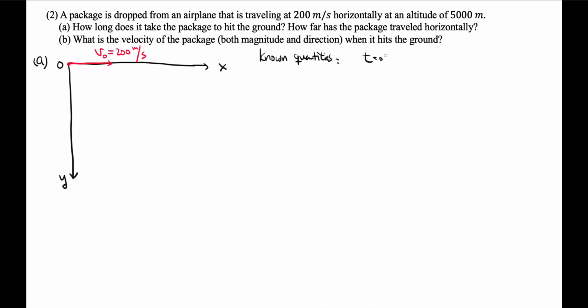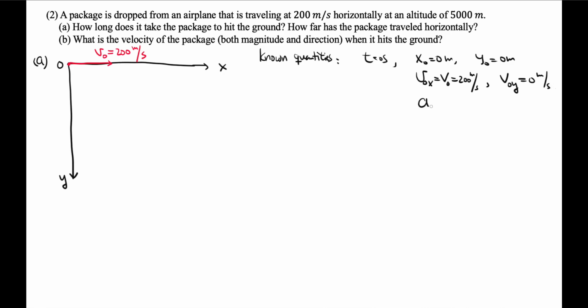At t equals 0 second, we know the coordinate. And the velocity, the x component is the initial velocity. V naught y equals 0.